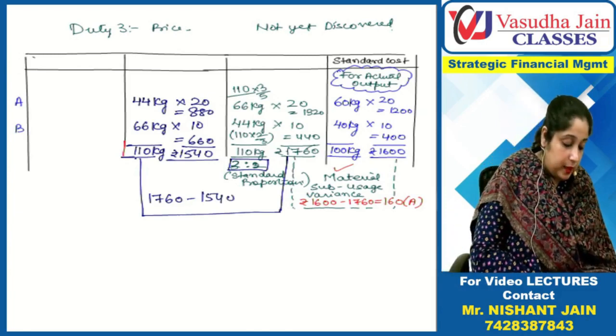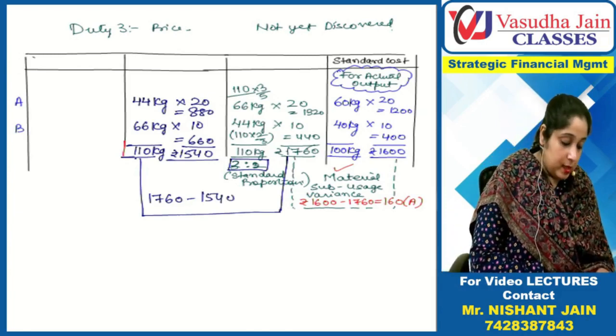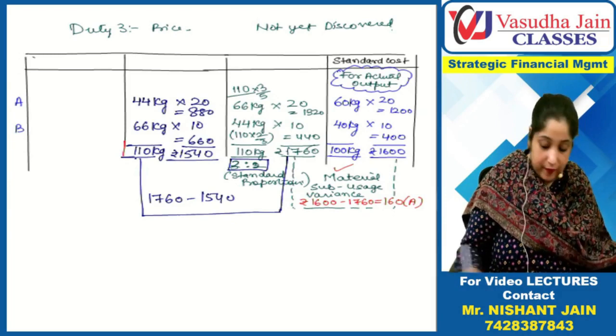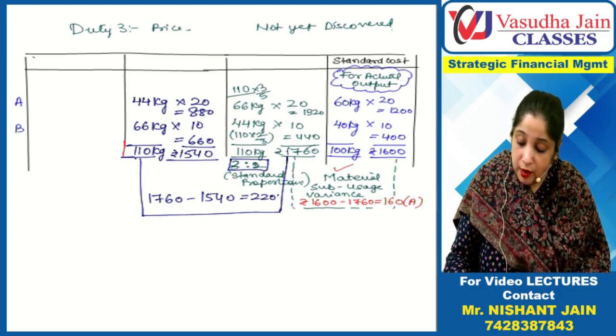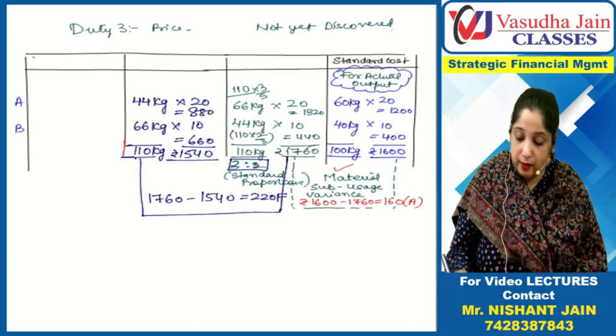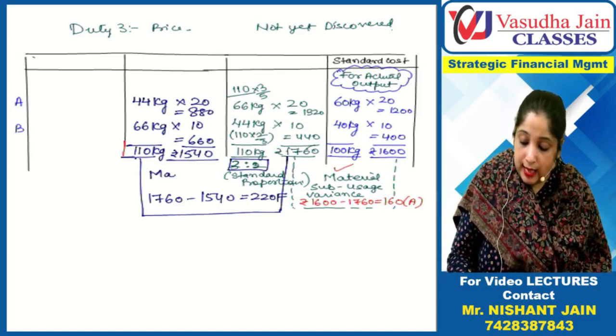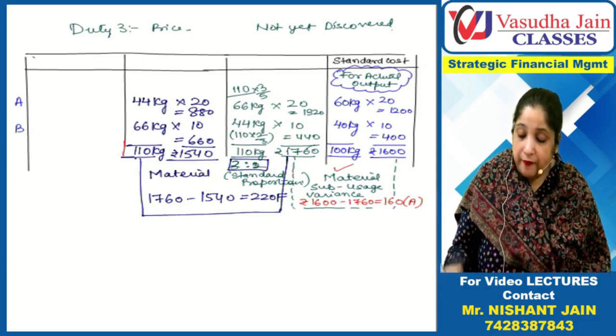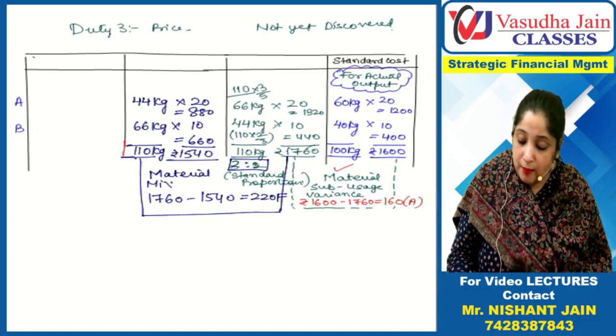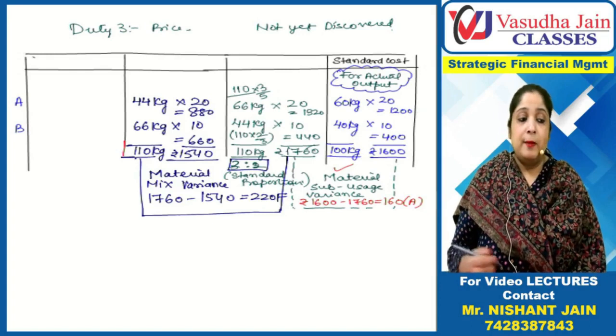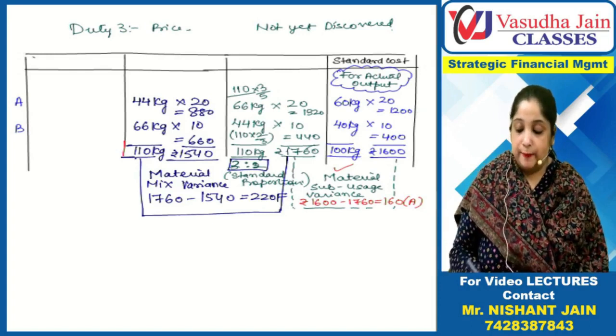And what is the difference? 1540 minus 1760, the difference is 220, which is favorable. In terms of money it is favorable, and the reason behind this variance is that you have changed the mix, that is why the variance has arisen. So it is termed as material mix variance.